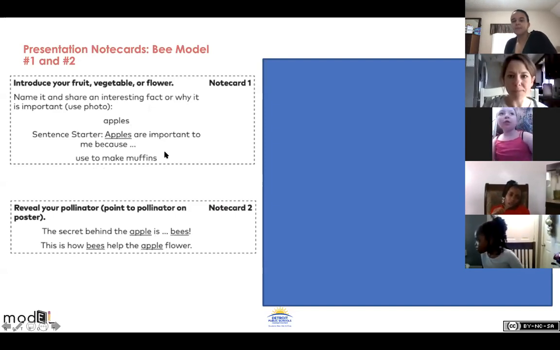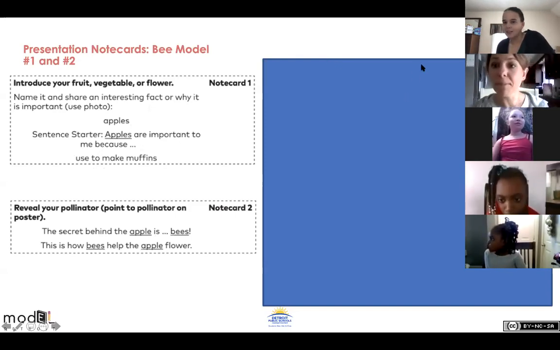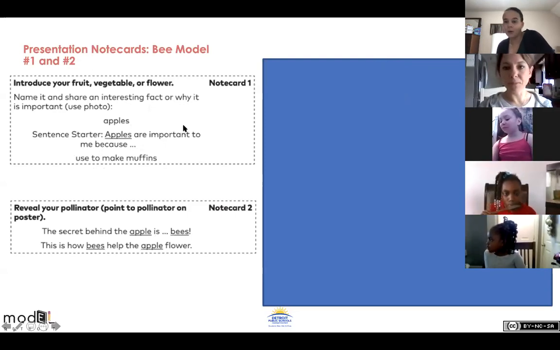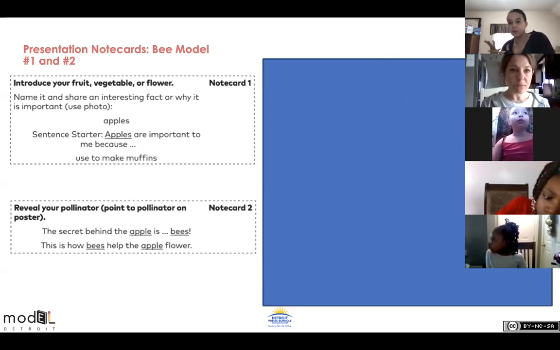You could say, grapes are important to me because Miss Deschele likes to eat them for breakfast. You could say, cucumbers are important to me because I like to put them in my water. Think of something that you like to eat that grows in the ground to talk about here.